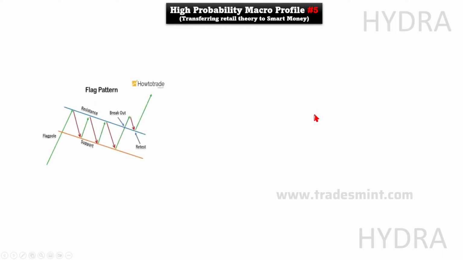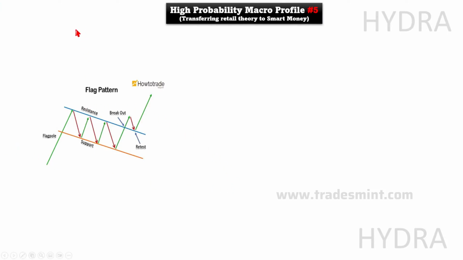So now let's look at the high probability macro profile 5. Okay, so now here we'll be looking at a retail concept, and we'll transform that retail concept into a smart money concept. So this is a flag pattern, folks, right?